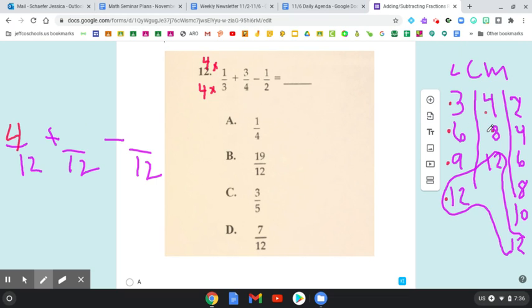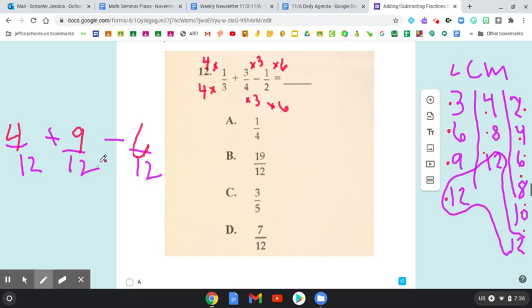In my 4s, I need 3 of them. So this one's times 3 in the middle. 3 times 3 is 9. And in my 2s, I need 6 of them. So this is times 6. 1 times 6 is 6.